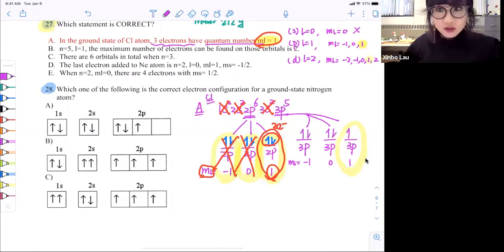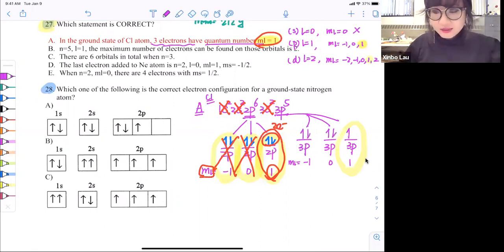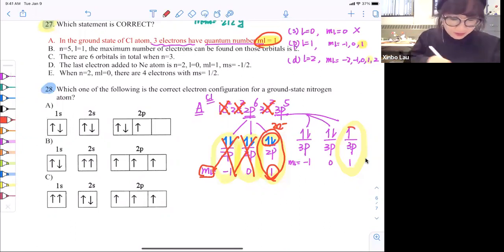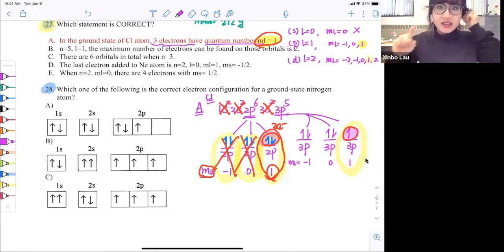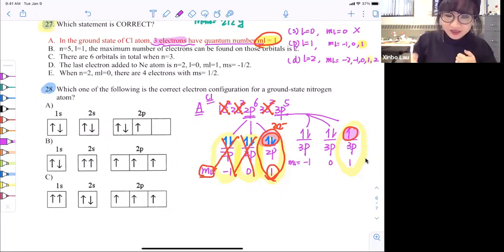I only have 5. So that last p orbital, m sub L equals 1, I only have 1 electron goes there. Okay, so now therefore, my final answer, right? Just that and that. That's it. So that's why I have 3 electrons which have m sub L equals 1. Then that's about that question. So that's true.